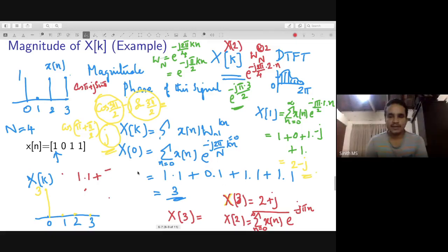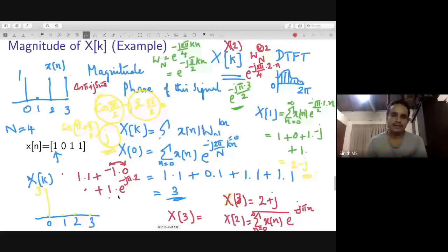Minus 1 into, here you have 0, so this should be interchanged, 0 into minus 1, plus 1 into e raised to minus j pi into the second value, e raised to 2 pi, which is basically 1.